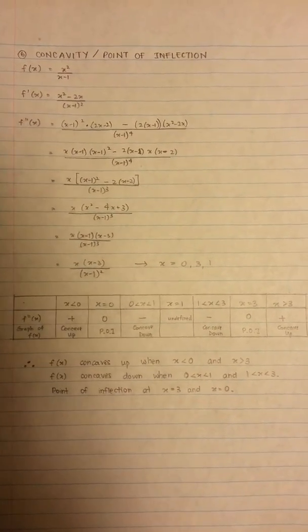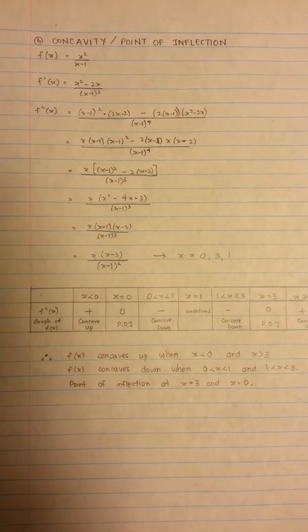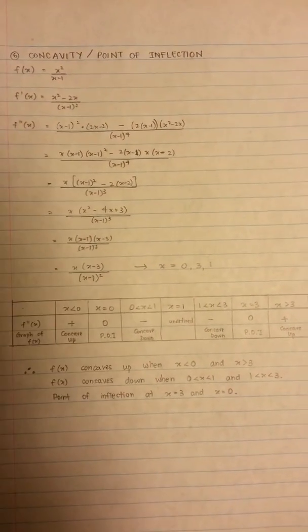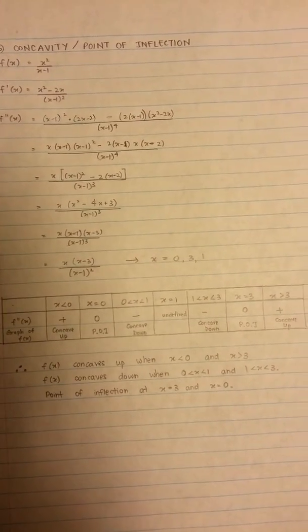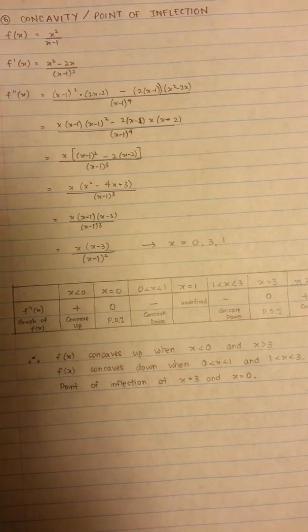So again, I use the values of x equals 0 and x equals 3, along with x equals 1 for the denominator, and I use those values as my intervals for the chart.